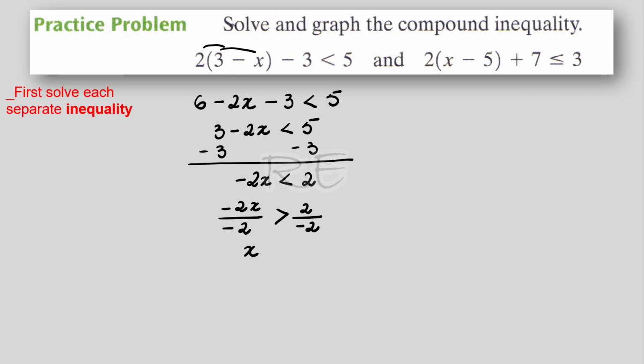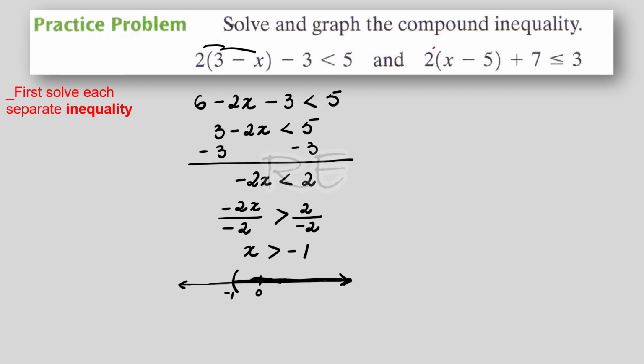So we obtain x strictly greater than negative 1. At negative 1, we're going to have an open bracket, and we'll take all the values to the right of negative 1. That is all the values that are greater than negative 1.